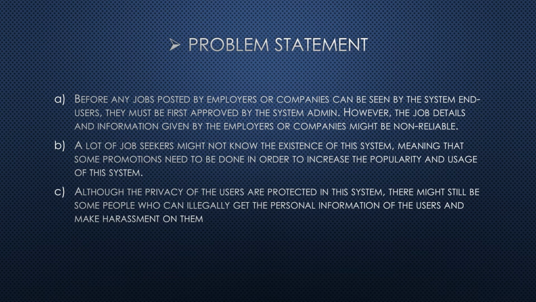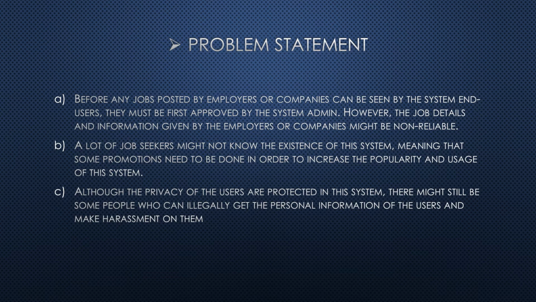This means that even if the jobs posted by employers or companies are already approved by the system admin, the admin might not know, or maybe sometimes they are careless and didn't focus on the job.